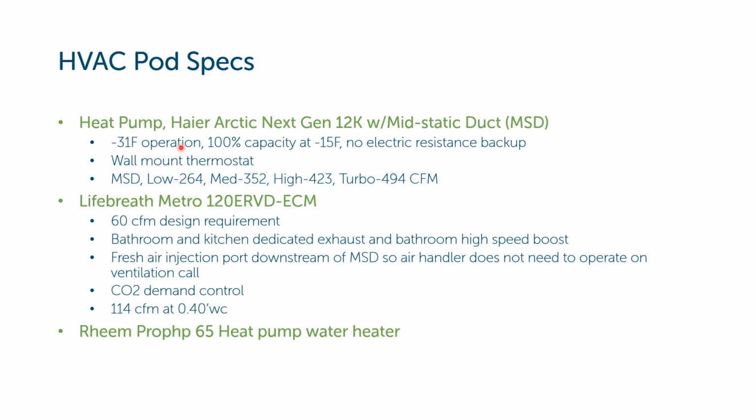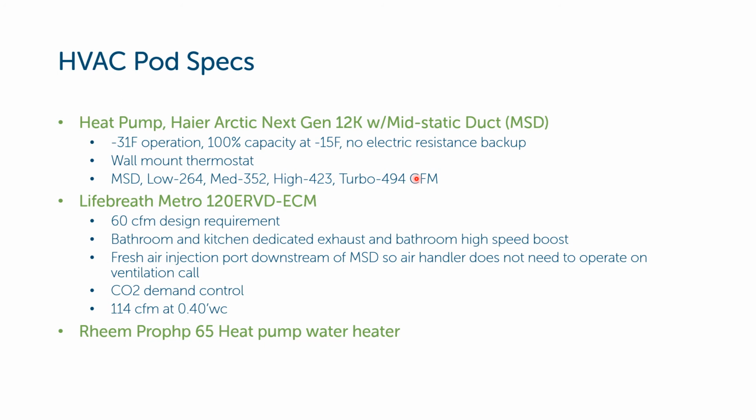It's got 100% capacity at minus 15, and we're thinking it doesn't need electric resistance backup of any kind in this small high performance home. It's being controlled by a wall mount thermostat. This MSD air handler has a low speed of like 264 CFM, and the turbo high speed is just under 500 CFM.